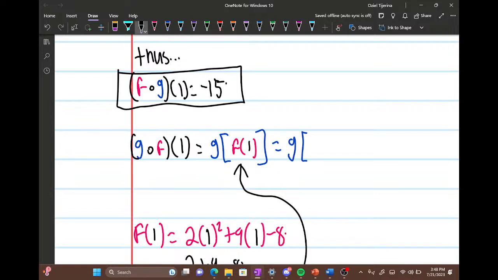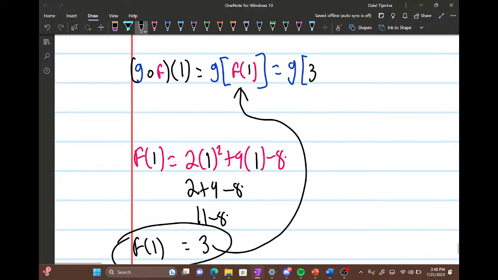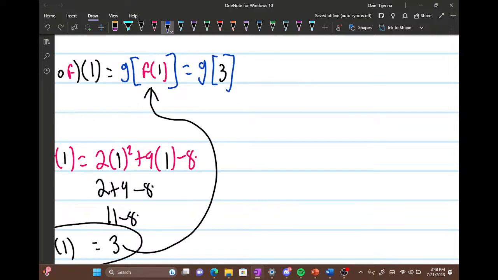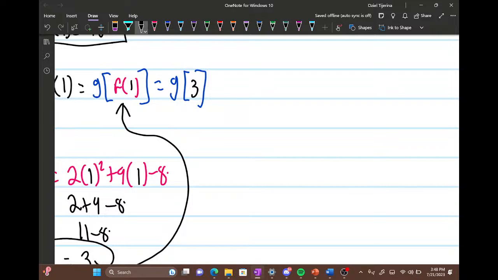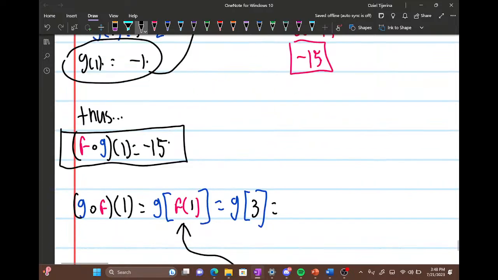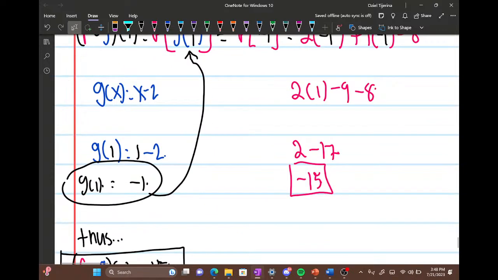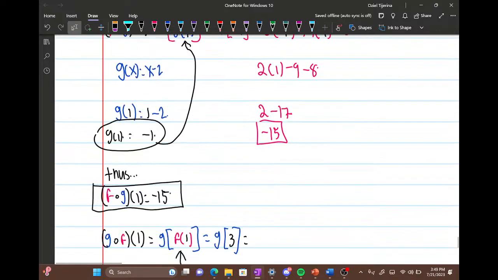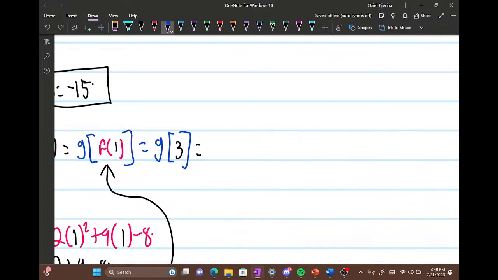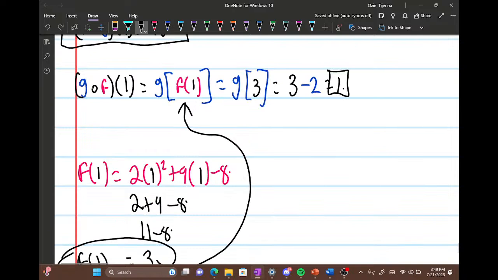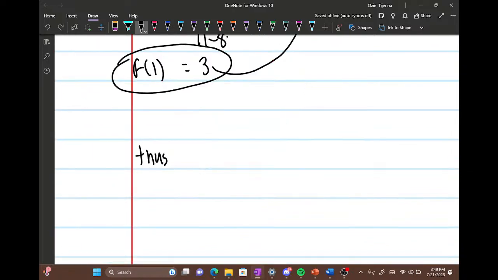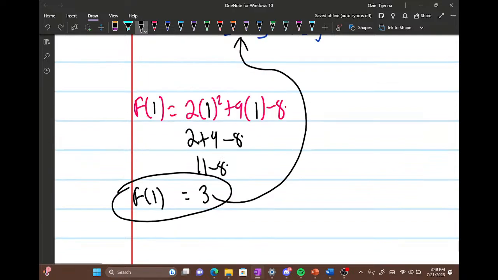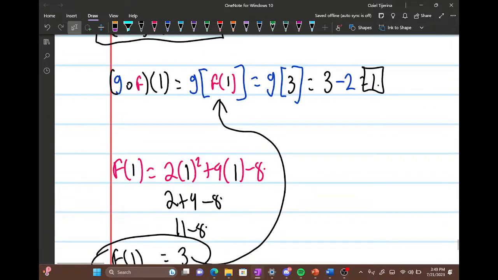Because that was what we got for f of 1. So now that equals g of 3, and now we're going to use the other function, which was x minus 2. So it's going to be 3 minus 2, which is equal to 1. So I know that g of f of 1, so thus g composited of f of 1 is equal to 1, excuse me.